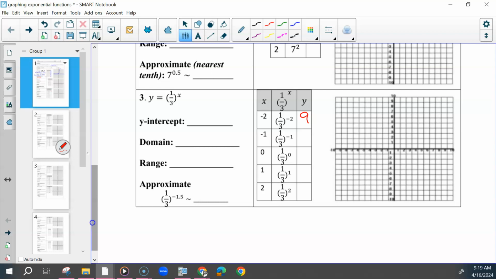What would that be? Three. Anything to the 0 would be 1. 1/3 to the first power would be 1/3, and 1/3 to the second power would be 1/9. What's that pattern? What are we doing each time?